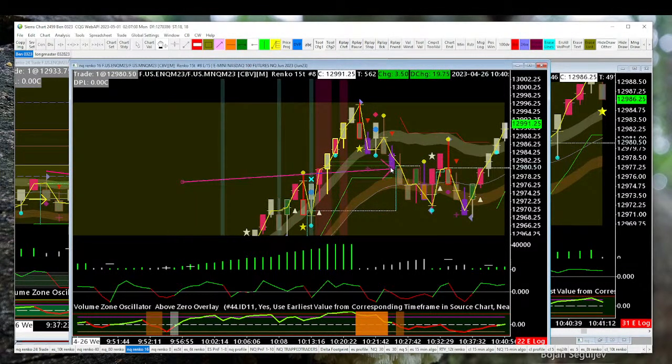Now notice here, 1, 2 ranges below, I'm not selling that. Even if it sets up again, I'm not selling this. It's too late to take the breakdown.